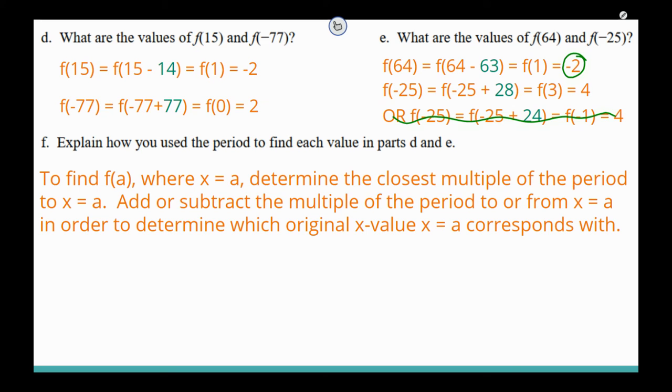Okay. So to find f of a, wherever a may be, determine the closest multiple of the period to that value.